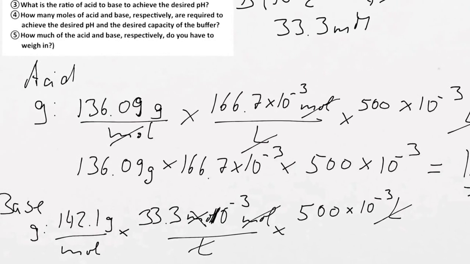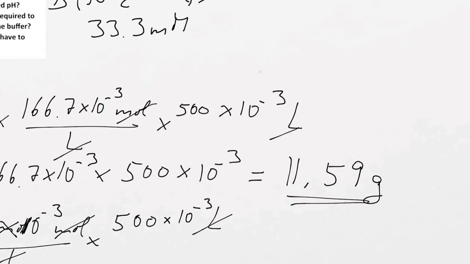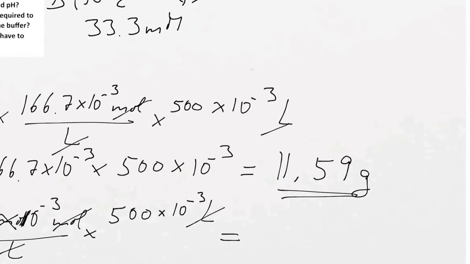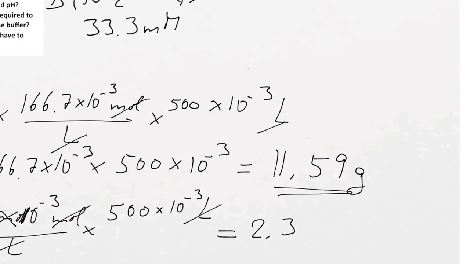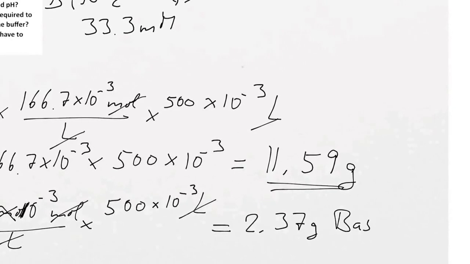Liters cancel out, moles cancel out, and when we do this calculation, we get 2.37 grams of the base that we need to weigh in.